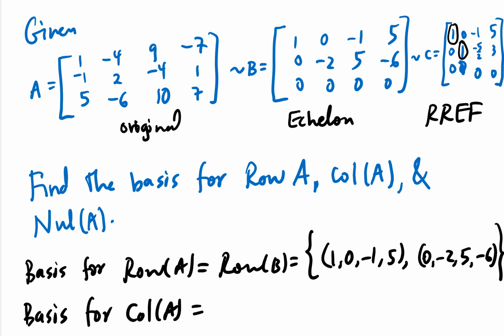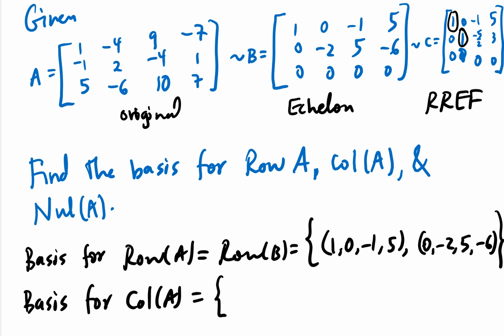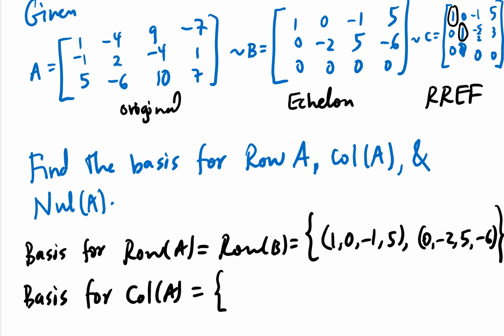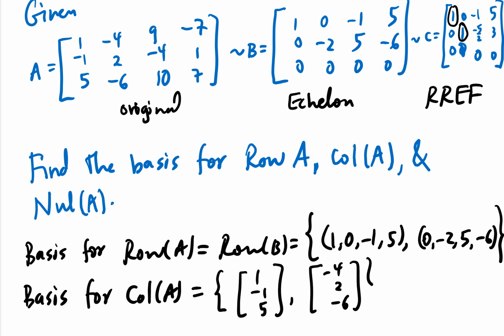To find the basis for the column space of A, make sure you don't write the ones from the RREF. You take the original matrix: the first column in the original, and the second one in the original. Those are called the pivot columns.